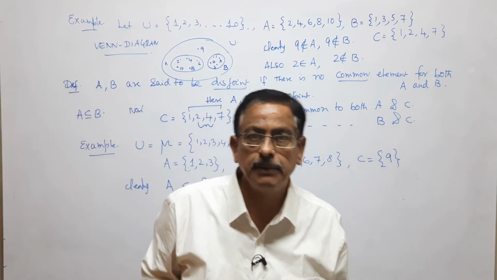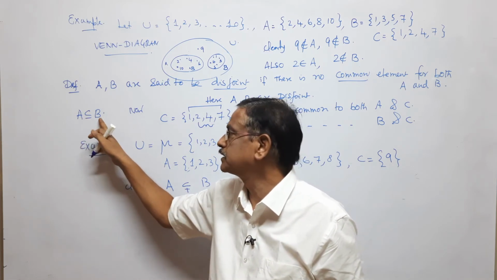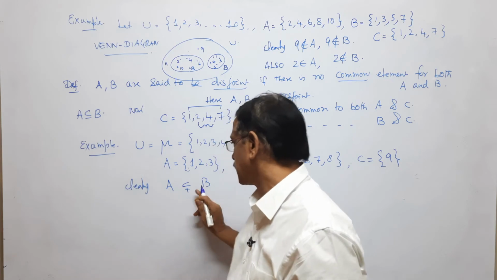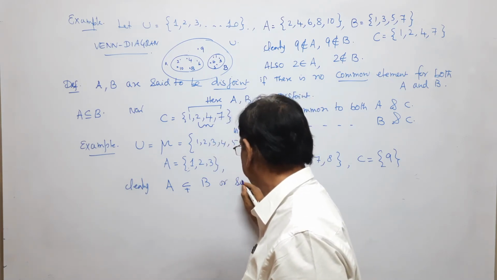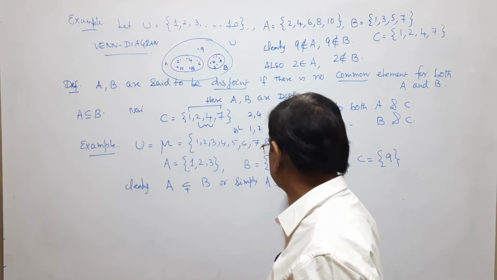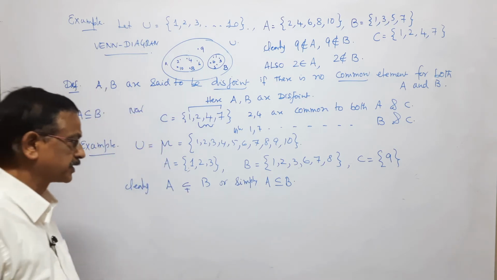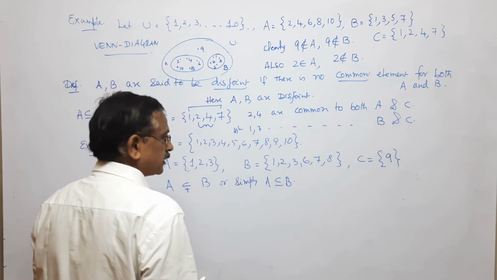If you know that A is not equal to B, it is a proper subset. So, either you can write A properly a subset of B, or simply A is a subset of B. You can use any of the versions.